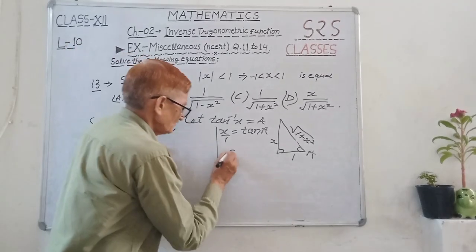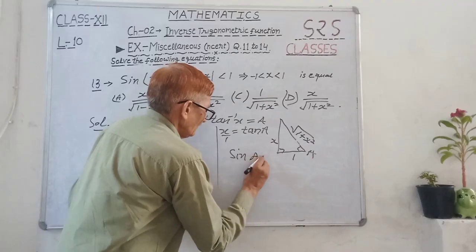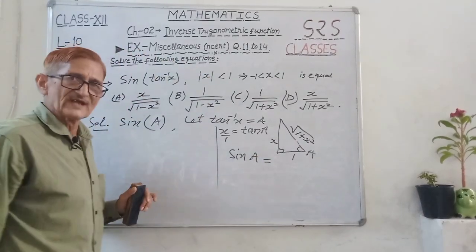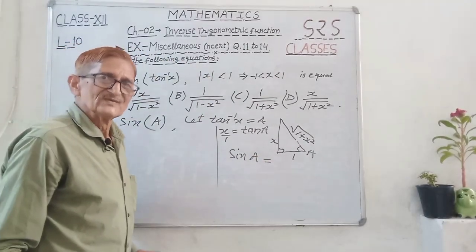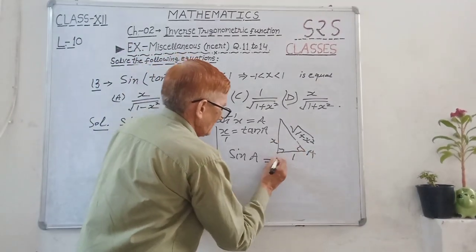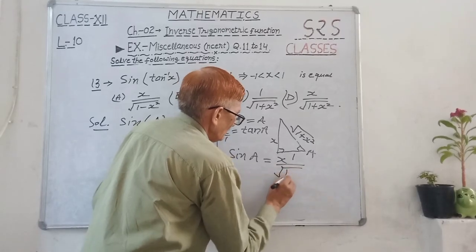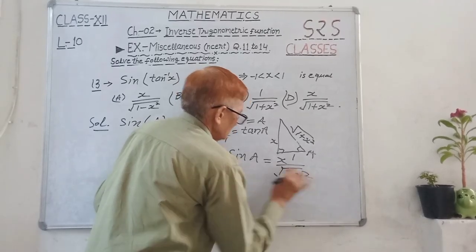Then from here we can take the required sine. Sine of A is equal to opposite upon hypotenuse, so x upon root 1 plus x square.